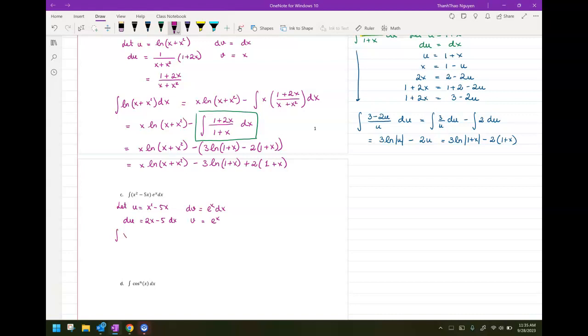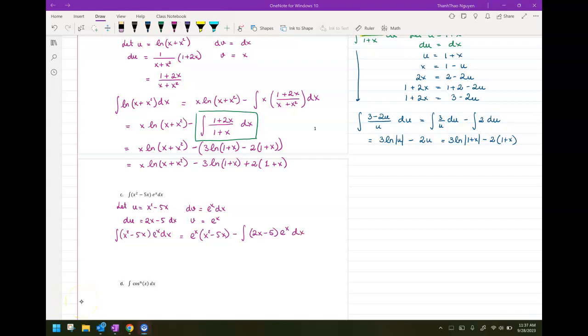The integral of x squared minus 5x times e to the x dx equals u v minus the integral of v du. So e to the x times x squared minus 5x minus the integral of 2x minus 5 times e to the x dx.